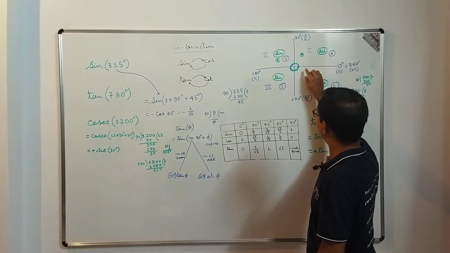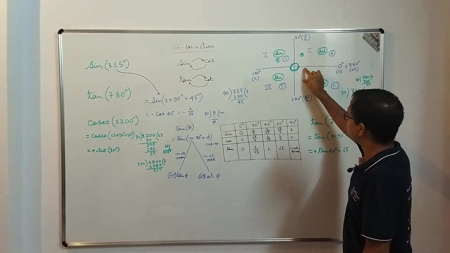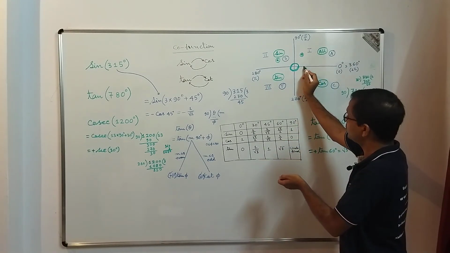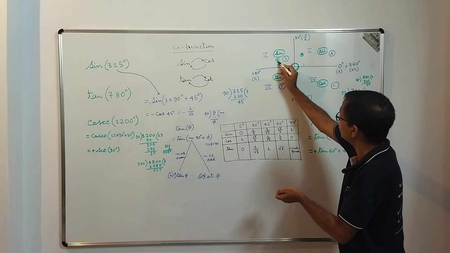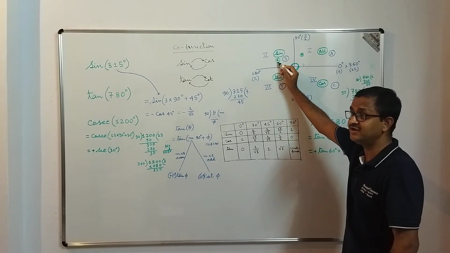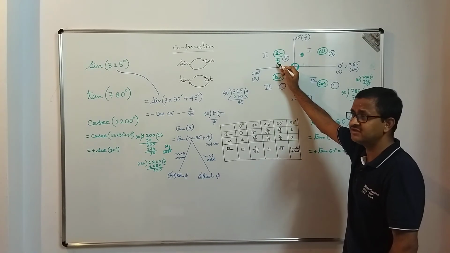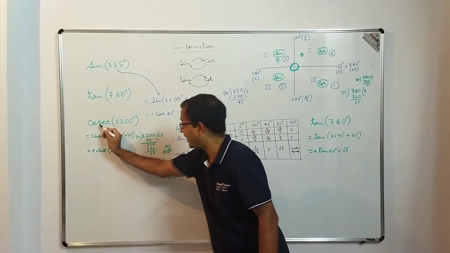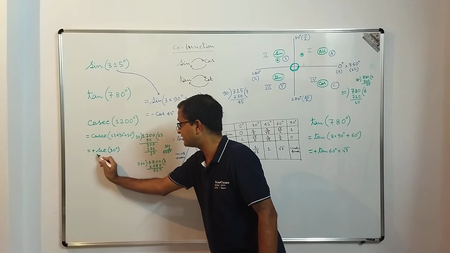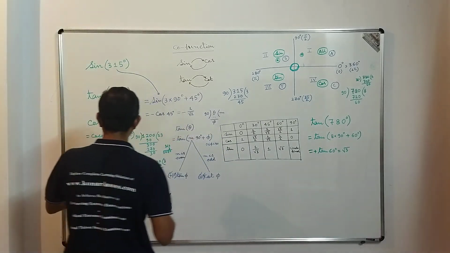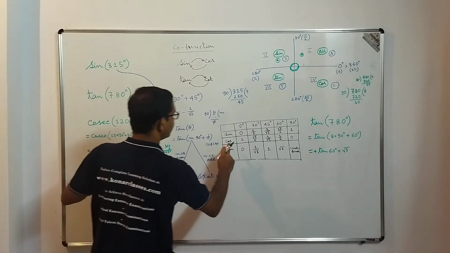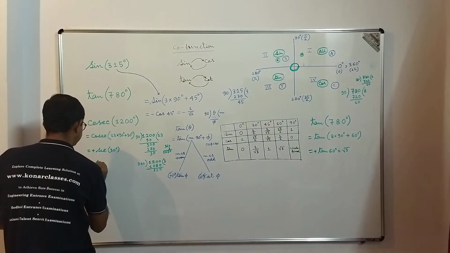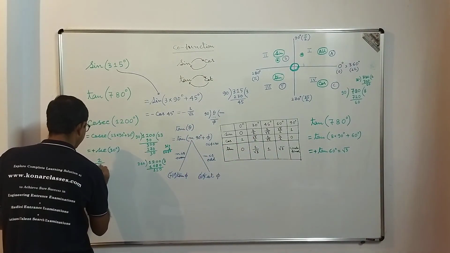That means after the full rotations we go to 120 degrees, which is the second quadrant. In the second quadrant sine is positive, and its reciprocal cosec is also positive. So it will be plus sec 30 degrees. We know sec 30 degrees is 1 by cos 30 degrees, that is 2 by root 3.